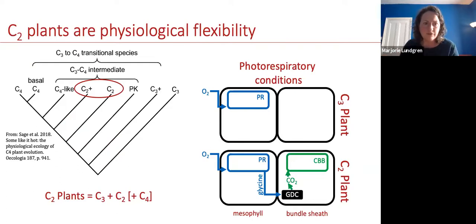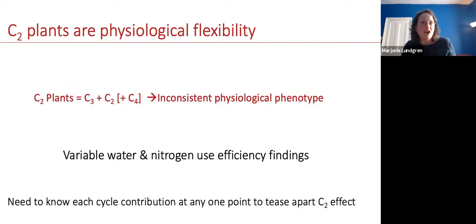Okay, so back to this physiological flexibility idea. It's not just that we have essentially a C3 cycle with a C2 cycle tacked on, but a lot of these plants also, like I said earlier, have this weak C4 cycle tacked on. So what you can have are plants that have multiple physiologies running potentially at the same time. And the reason I'm bringing that up is, if you want to characterize the physiology of C2 plants, it gets very messy very quickly.